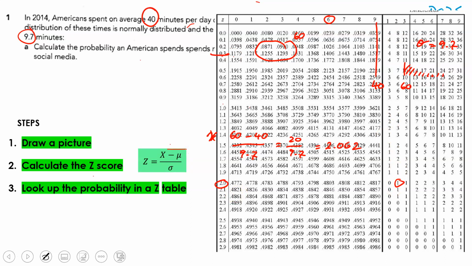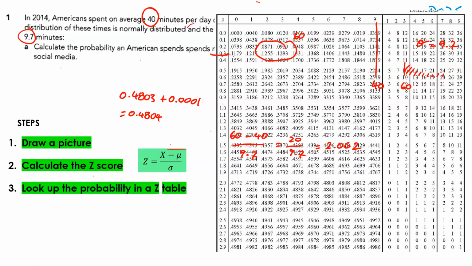So we've got the 6, which is there, so we end up with 0.4803 plus the little 1, which is 1/10 of 1,000th on the end there. So it means the probability is 0.4804 for that area.